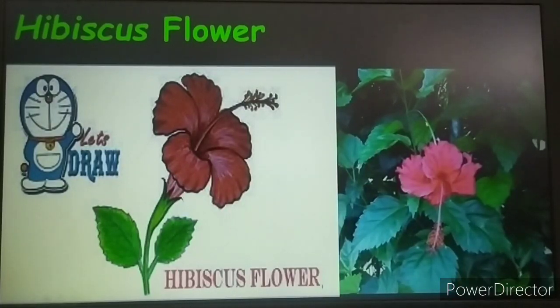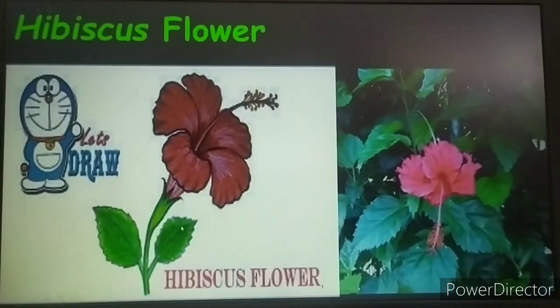This is the stalk which is attaching the flower to the main shoot. This stalk is called the pedicel. What is it called? It is called the pedicel.